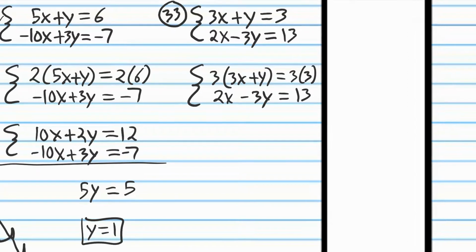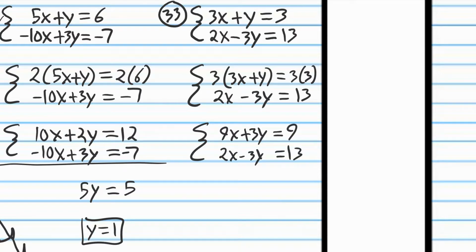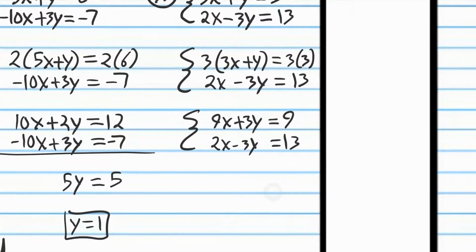Everything looks right, so now I'm going to use distribution in the top equation. And now we're going to add, and we can see that these y's are going to cancel out.